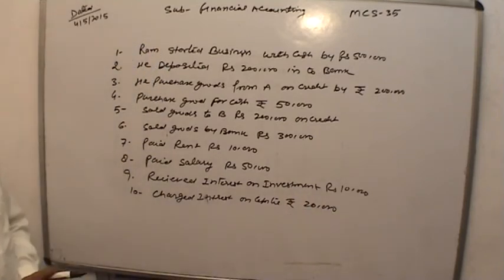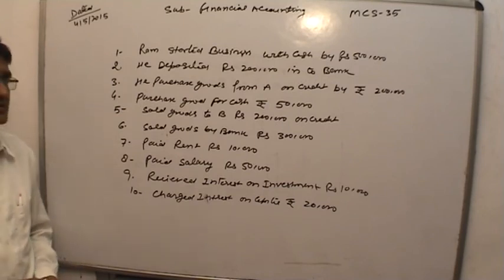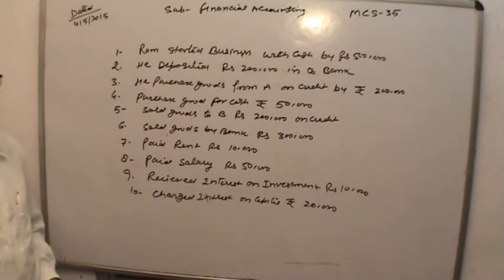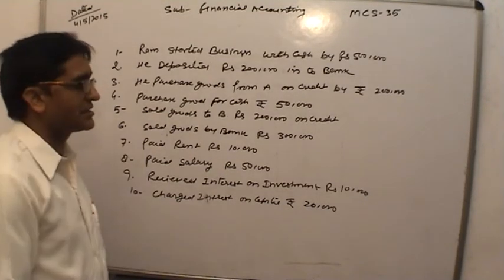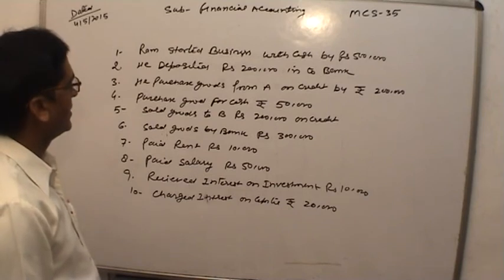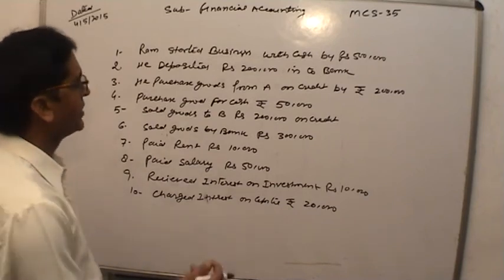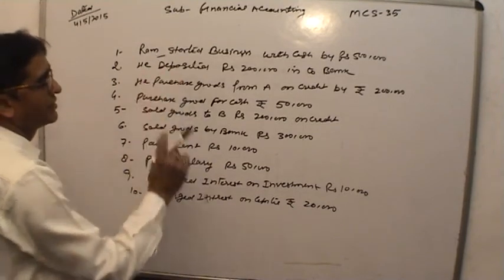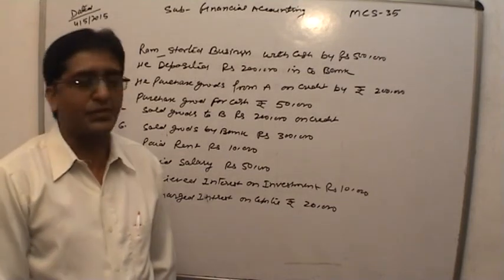This is 10 transactions, and how are these journalized? These transactions are journalized by using the golden rules of accounts. Like first transaction, Ram started business with cash rupees 5 lakh.